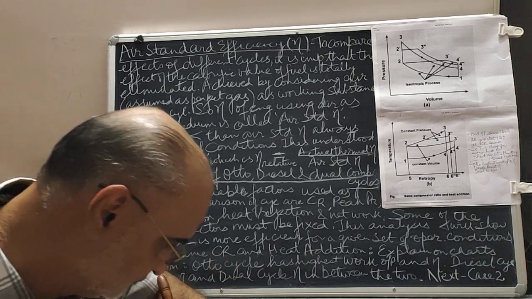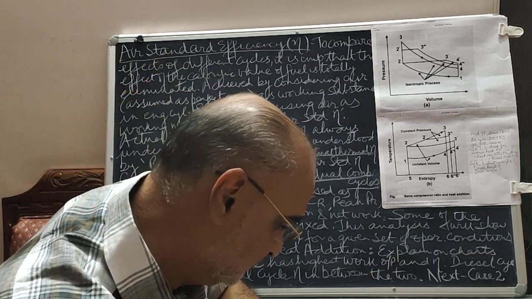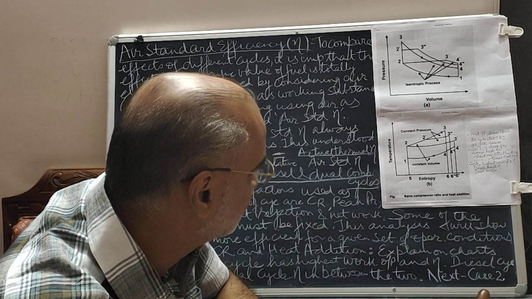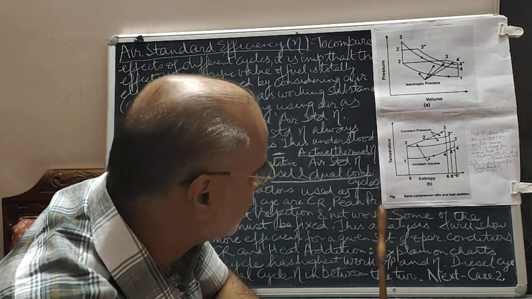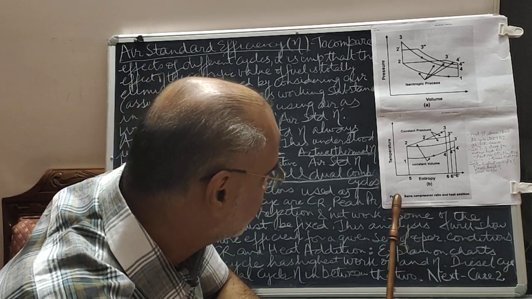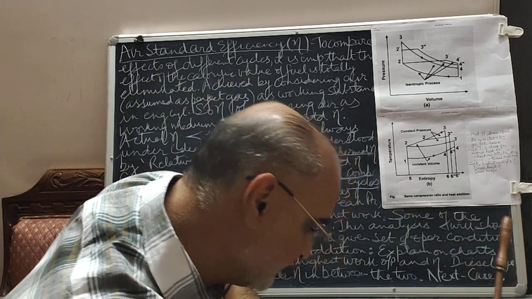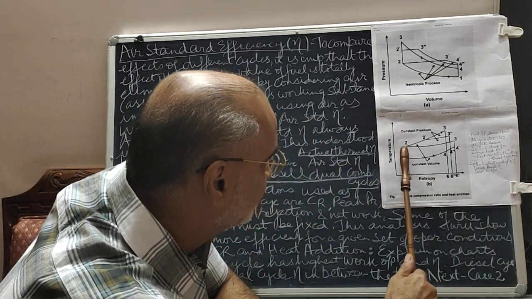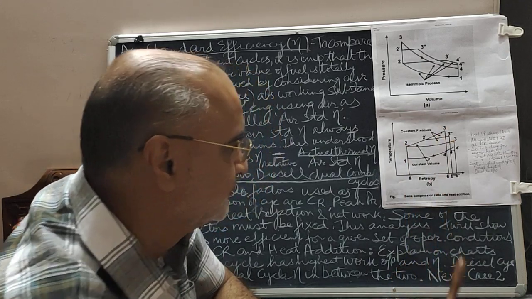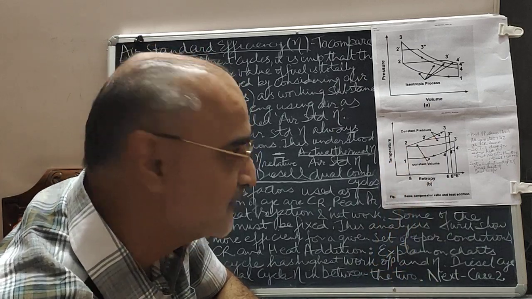Now, from the TS diagram, let us first examine the heat input. What is the heat input for all the three cycles? For the petrol Otto cycle, the heat input is 5, 2, 3, 6. Temperature and entropy, the area inside the curve is the heat input.